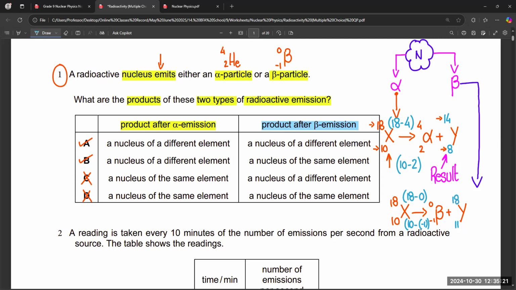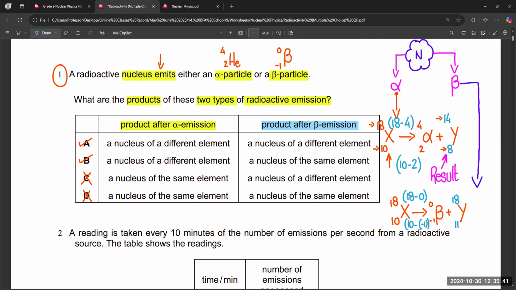Now what do you think about beta? Does beta also give you a different nucleus or the same nucleus? It also gives you a different one, right? Yes, sir, because the numbers are different from the initial one.